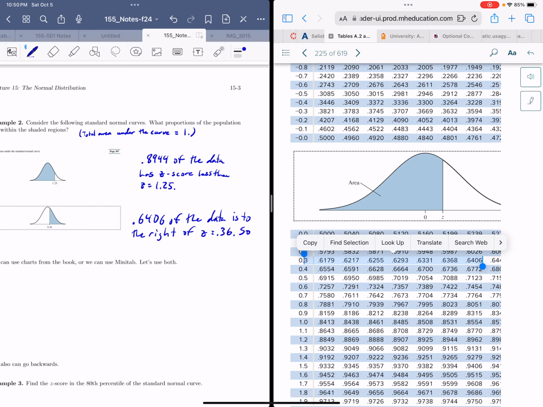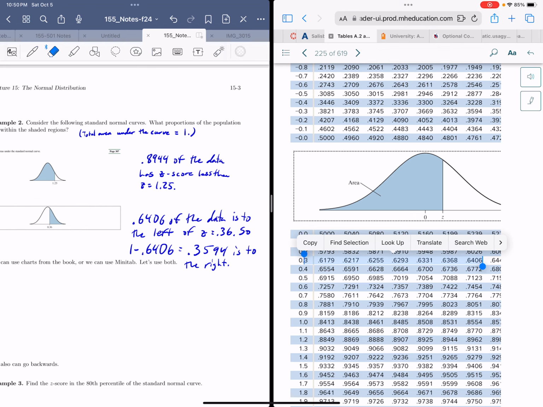So 1 minus 0.6406 equals 0.3594, I believe. Is that right? Yeah, I think that's right. So this amount is to the right. Okay, so we just use basic complements here.